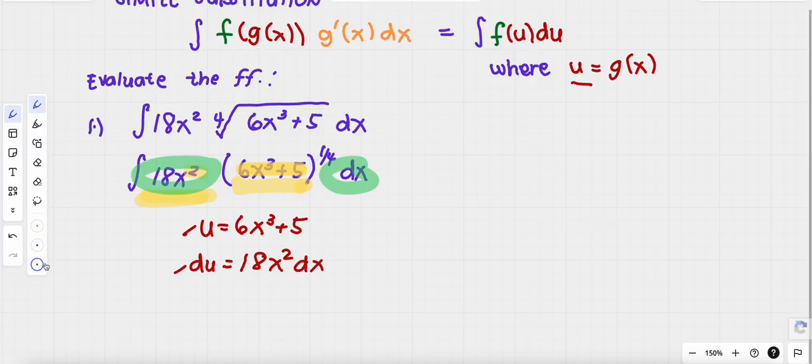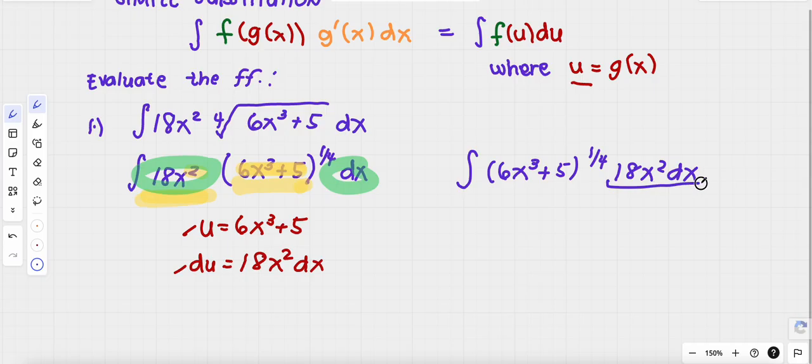So rearranging, this is the integral of 6x cubed plus 5 to the 1/4 times 18x squared dx, wherein we can see that this is du and this one is u.